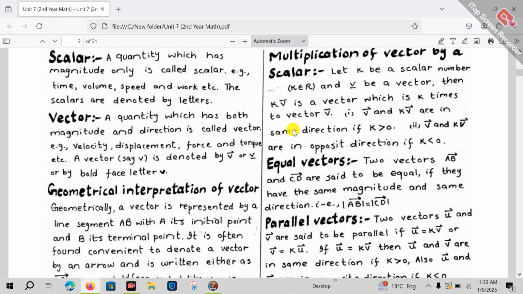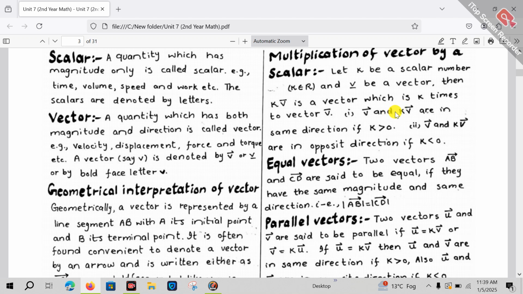So v and kv are in the same direction if k is positive. This is a very important and interesting concept. For example, this is 1v and this is case 2, v and 2v. If v is from left to right, then 2v will also be from left to right. Its length is double that of this vector, but still here is a positive sign and here is a positive sign, so they are in the same direction.